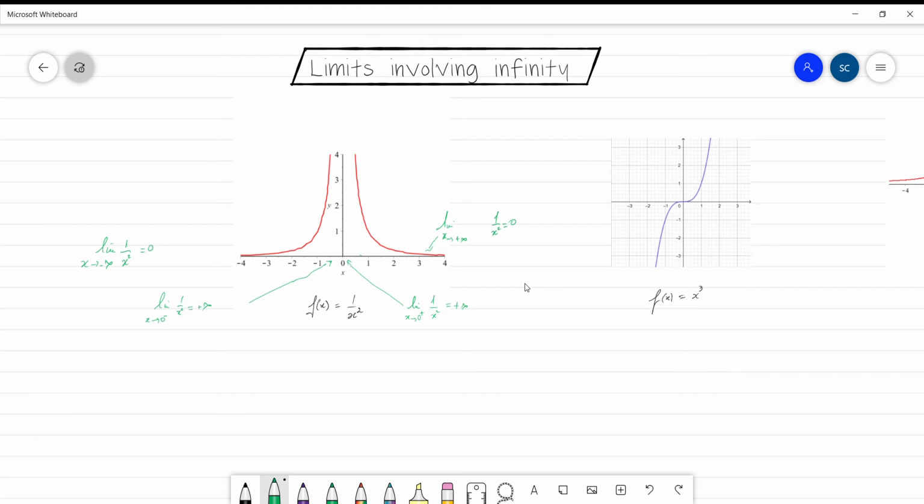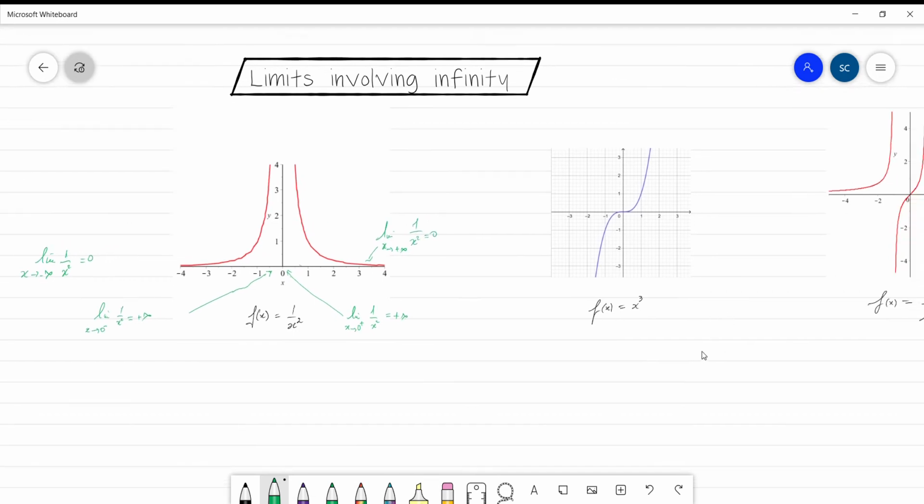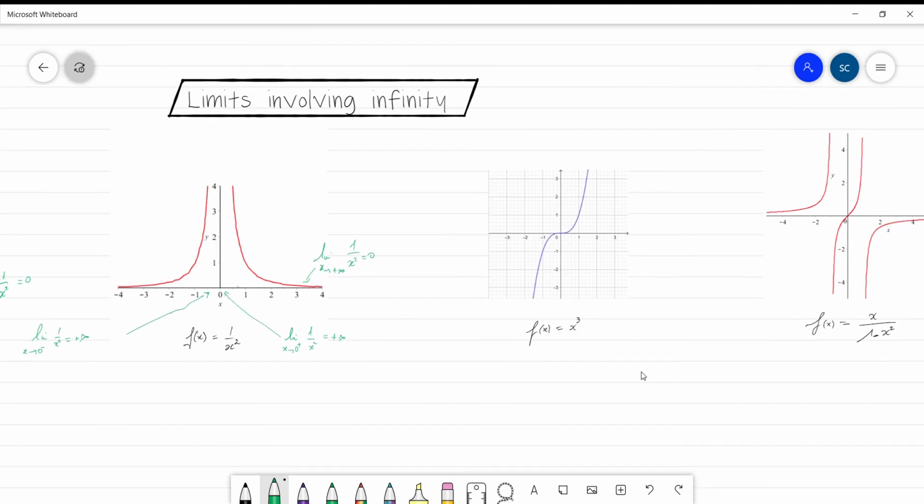So let's look now at what is happening on the other graph, x³. Here, when x is large, taking the power of 3 of a large number, we get a bigger number, so it takes large values.